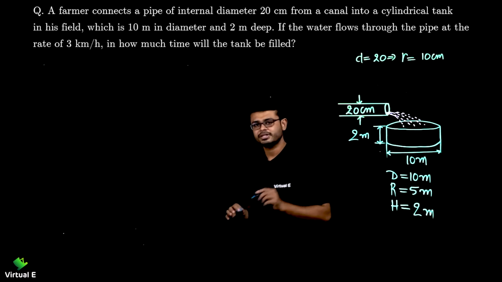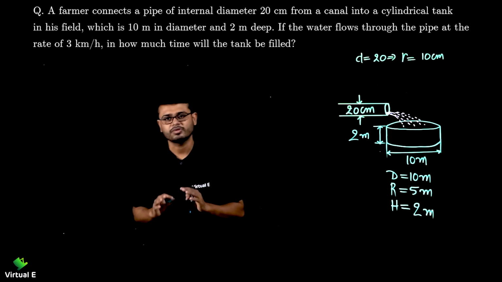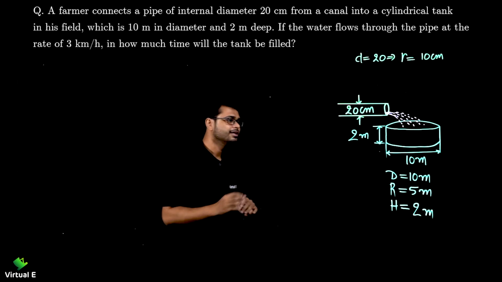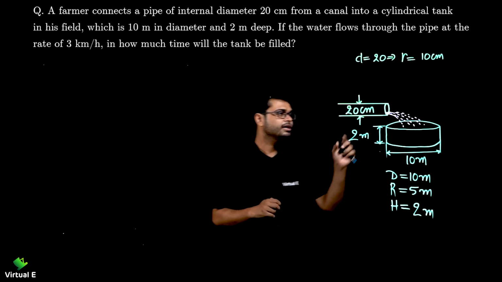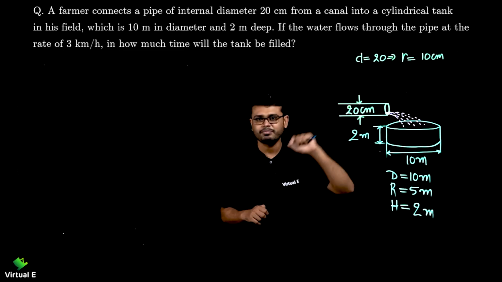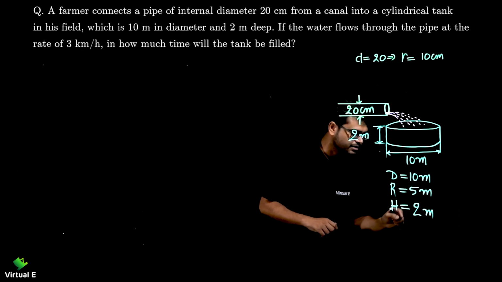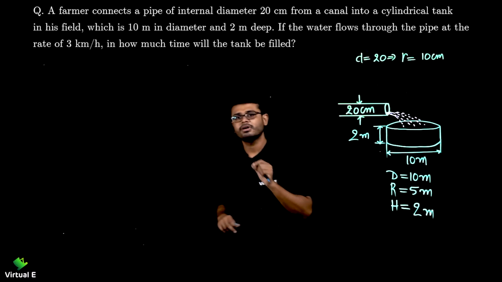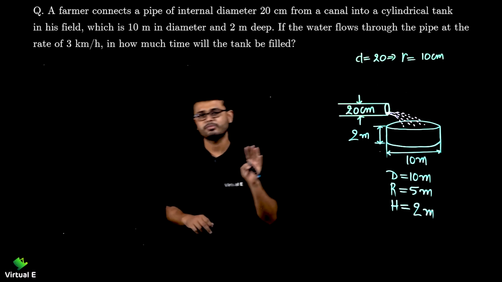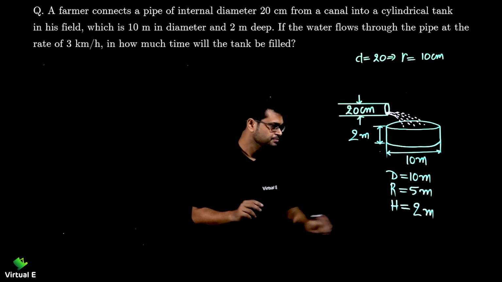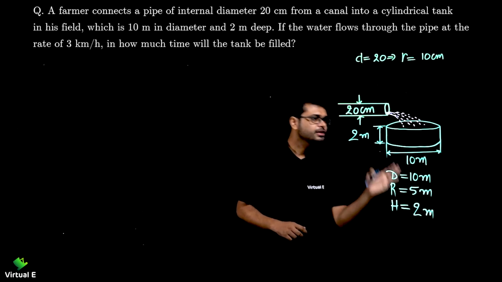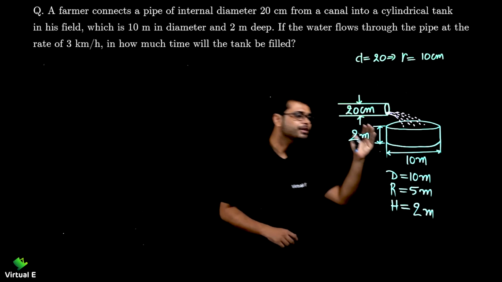Now observe this figure. There is some mismatch over here. If you are able to identify, good. Let's remove that mismatch. Here the internal diameter of the pipe is in centimeter, and here it is in meter. So don't move ahead without converting into the same unit. You have two choices. Either convert meter into centimeter or centimeter into meter.